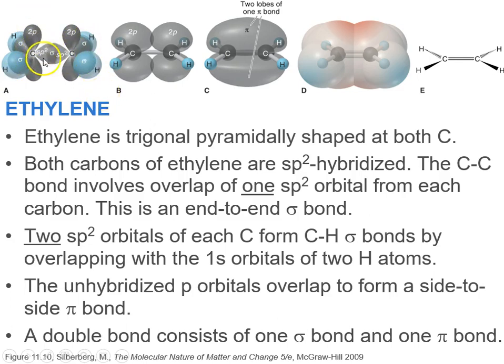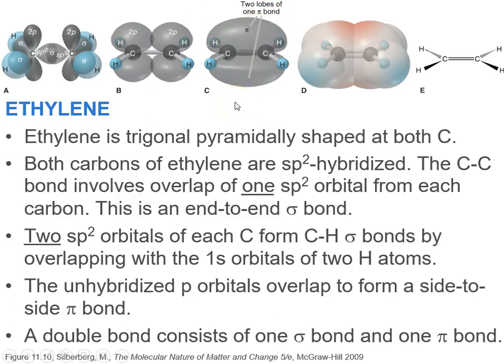But when we do the sp2 mixing, remember we have a 2p orbital left over. That's how we form the second bond of the double bond. These p orbitals right here are going to overlap. We'll have this overlap above and below, but it's just one orbital. We call this whole region a pi bond.